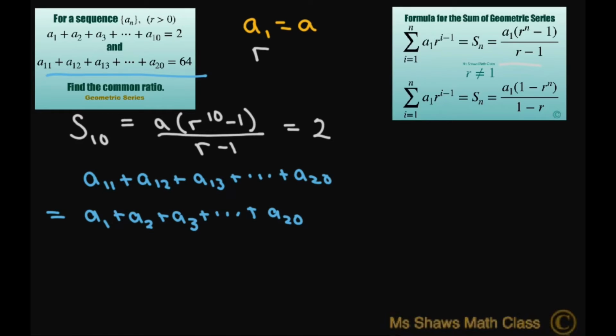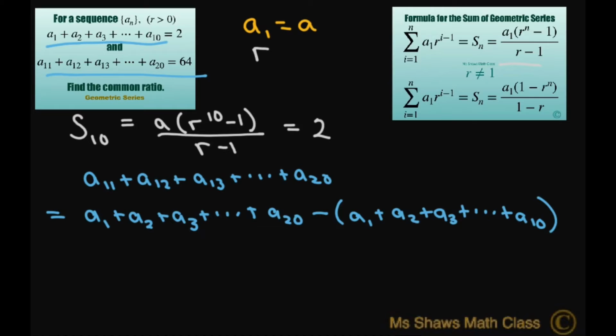So if I take all the terms minus the first 10 terms, that would be minus a sub 1 plus a sub 2 plus a sub 3 plus dot dot dot plus a sub 10, right? Because that's what this equals.